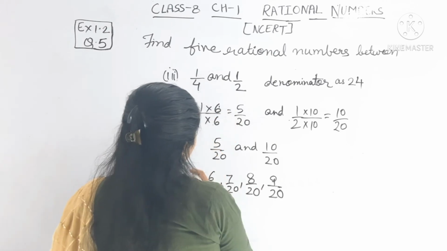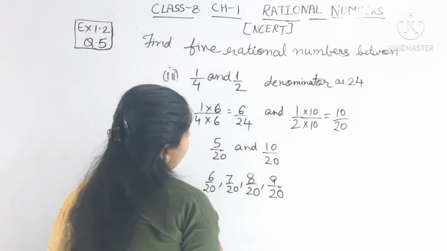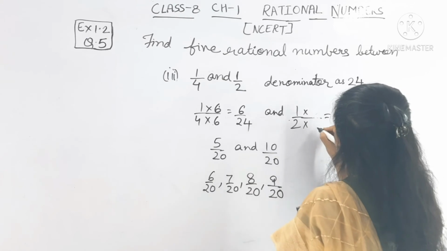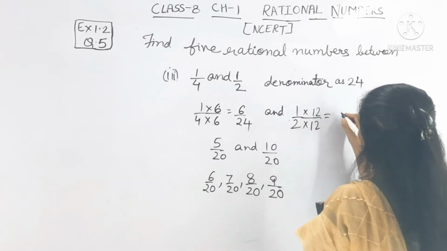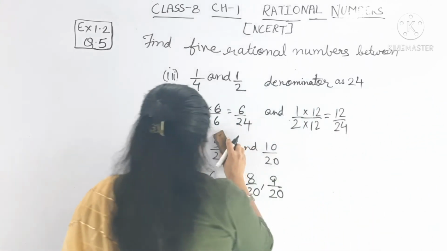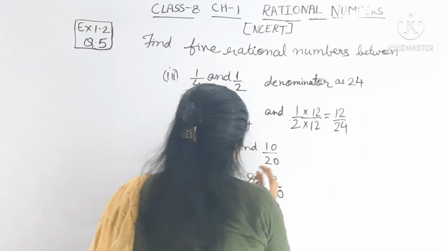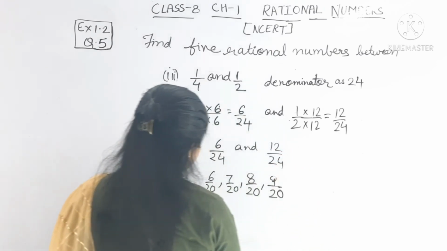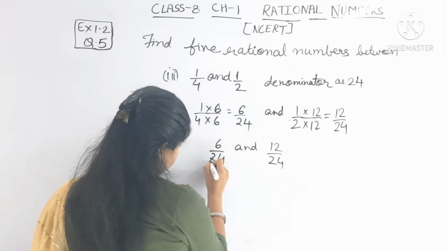6 fours are 24, so 6 by 24. Here 12 twos are 24, we know. So 2 into 12 and 1 into 12, so what can you write? 12 by 24. So between 6 by 24 and 12 by 24, we have to write 5 rational numbers.